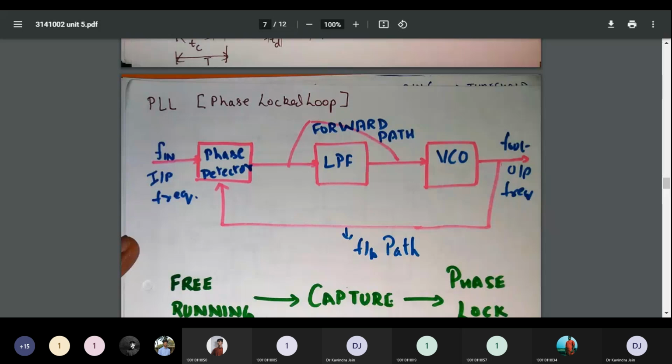Point number one: it compares the input frequency and the VCO frequency.